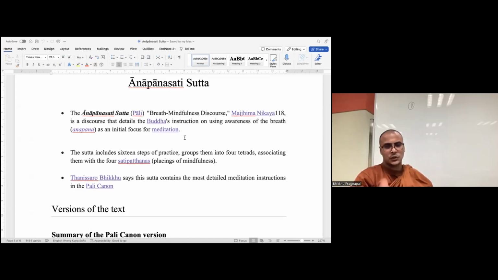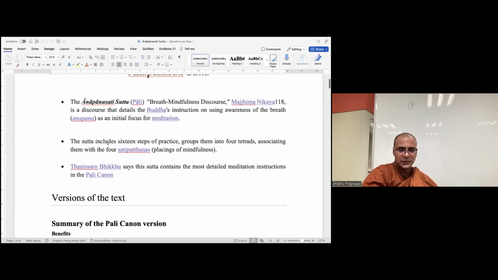As we said, it concentrates your mind. This sutta also talks about 16 steps, and these 16 steps are grouped in 4 ways.